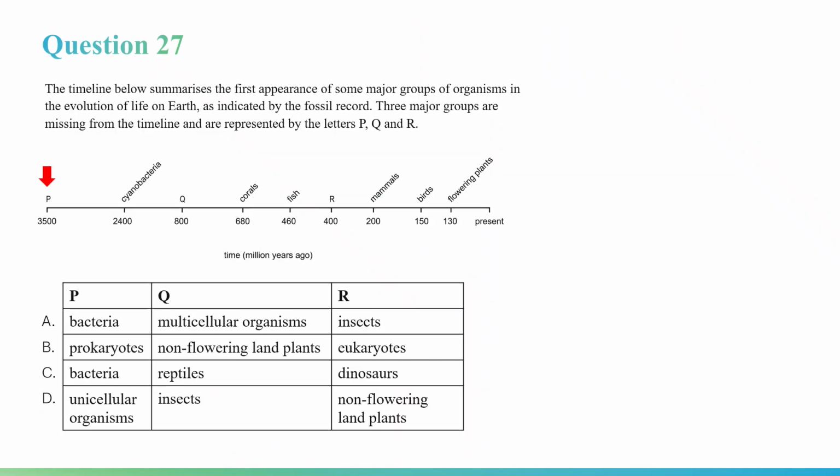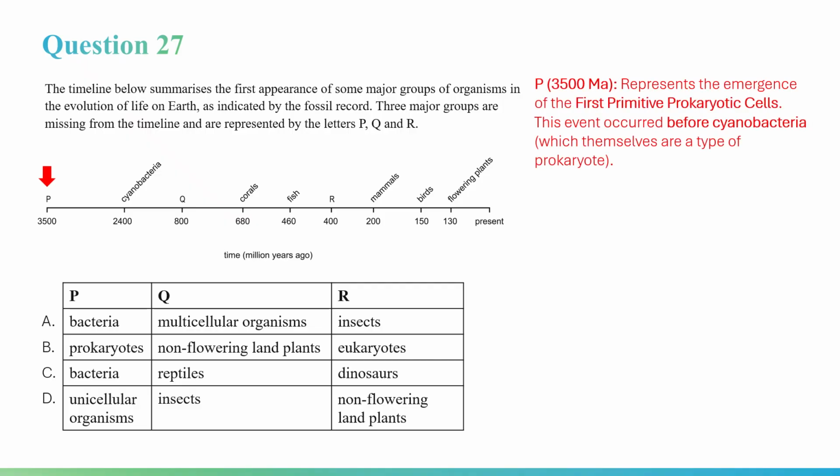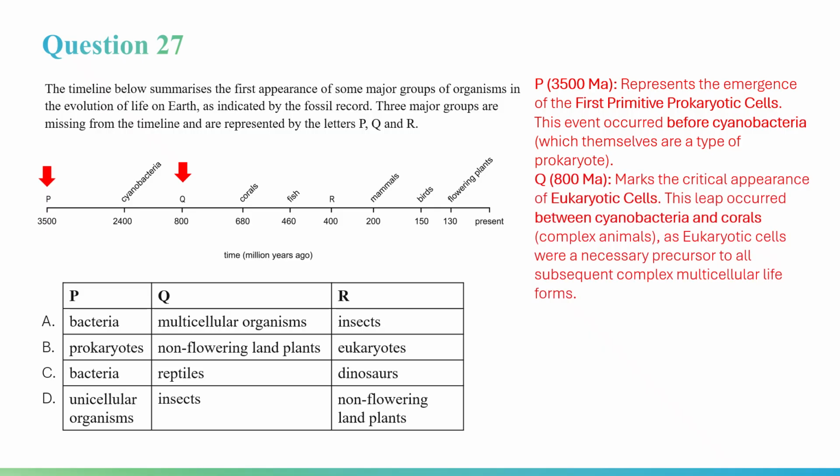P. 3500 Ma represents the emergence of the first primitive prokaryotic cells. This event occurred before cyanobacteria, which themselves are a type of prokaryote. Q. 800 Ma marks the critical appearance of eukaryotic cells.